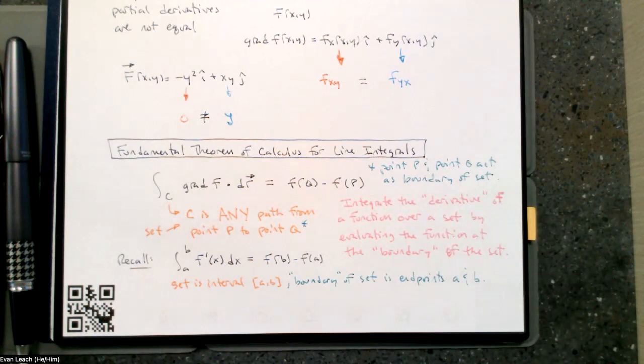The general structure for something that we're going to call a fundamental theorem of calculus is that we integrate a derivative over a set by evaluating the function at the boundary of the set.